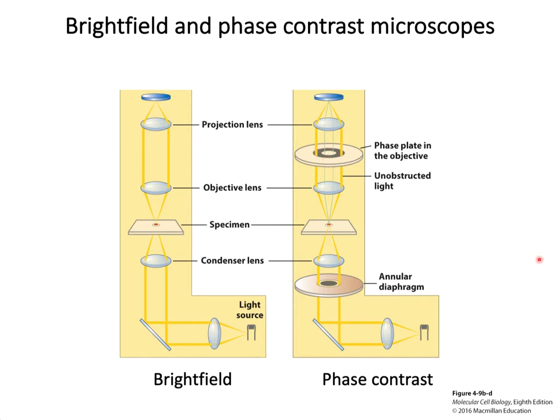If a specimen refracts, bends or diffracts the light because of the refractive index of the material, the phase of some of the light wave is altered, which is shown by the green lines. And those light waves pass through the clear region of the phase plate. The refracted and unrefracted light is recombined at the image plane to form the image.